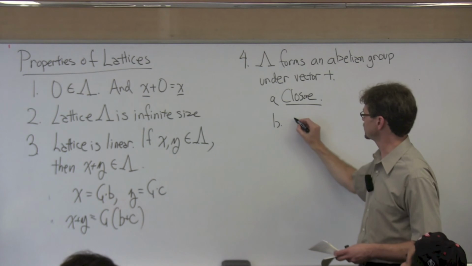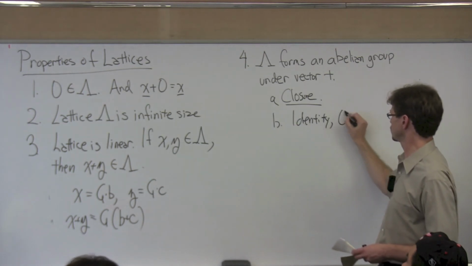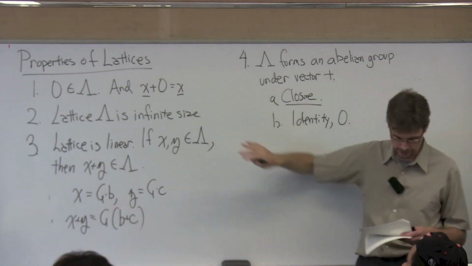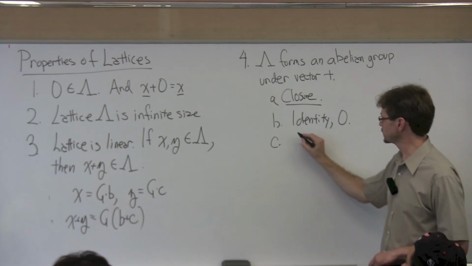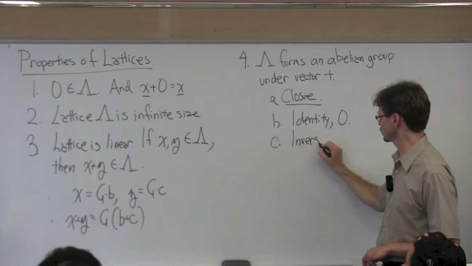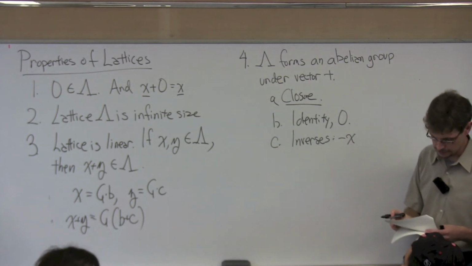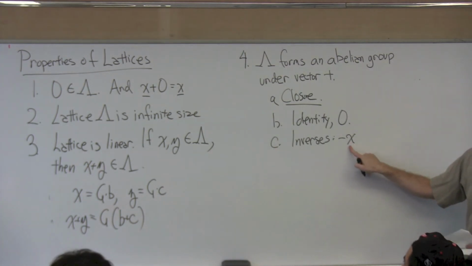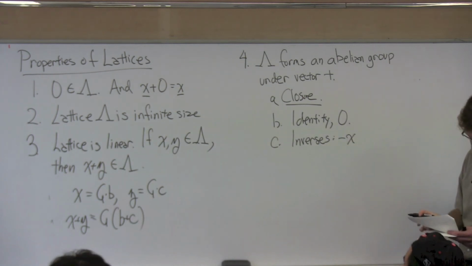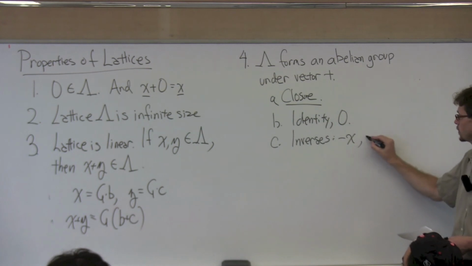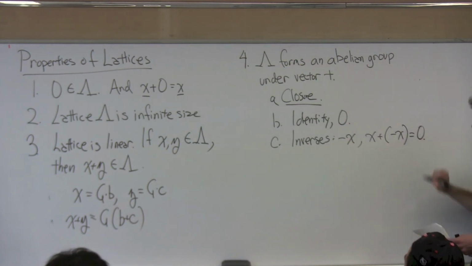We have an additive identity, and that's 0, which we stated here. We have inverses, minus x. So just take the inverse component-wise of the vector. You have its inverse. So of course, x plus minus x is equal to 0.